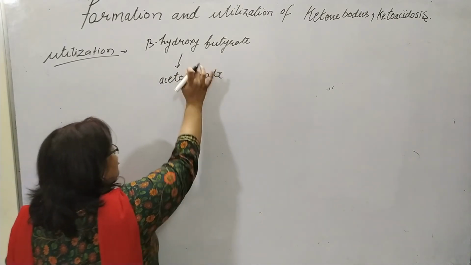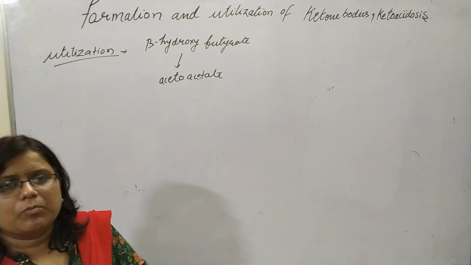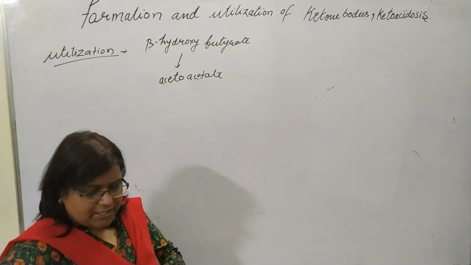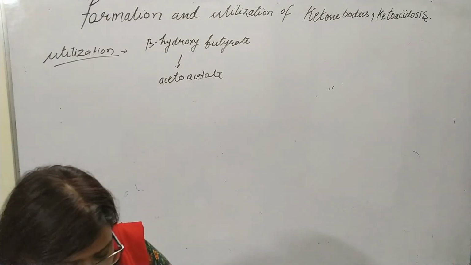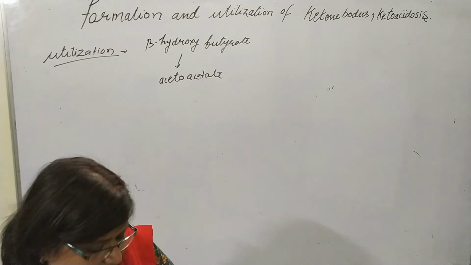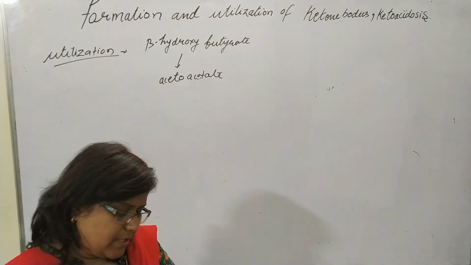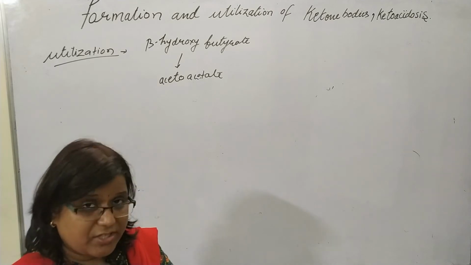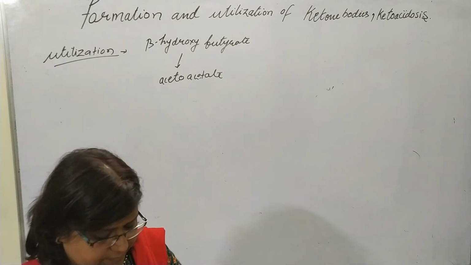If you want to include the formulas, we have already discussed the chemical nature, so from that you can write them here also. I didn't repeat these things because it will take too much time.